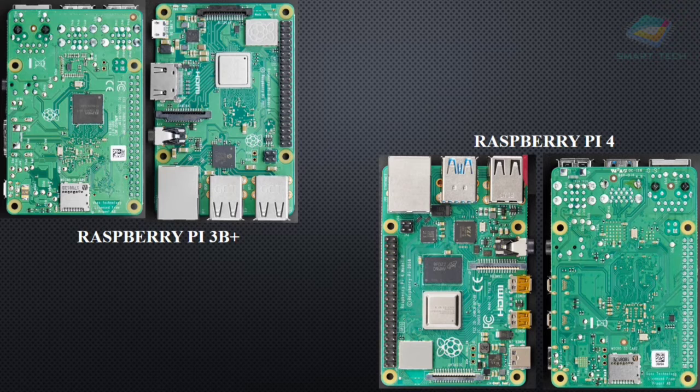Just for your information, by taking the Raspberry Pi in your hand, you cannot easily differentiate the Pi 3B Plus and Pi 4. But a very special thing between the Pi 3 and Pi 4 is the HDMI ports. By looking at the HDMI ports, you can easily differentiate between Pi 3 and Pi 4.